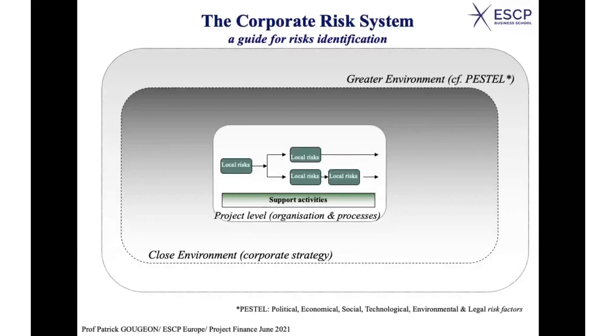They can always describe the activity as a system with different entities which are interrelated together. So for each unit, you have to look at the local risk. It may correspond to a certain technology which has its own risks, which are usually well identified. You may use some materials which might be dangerous.